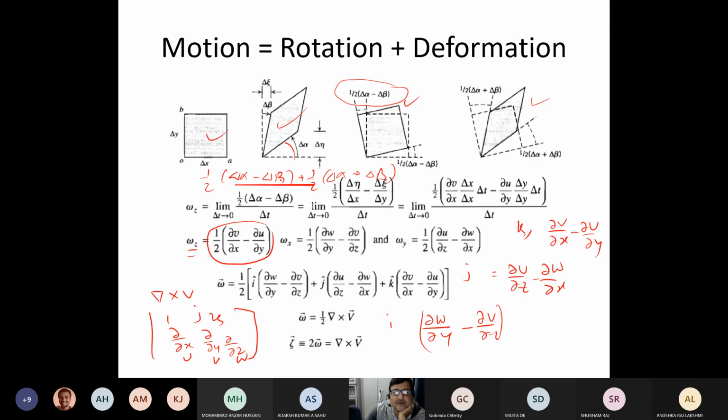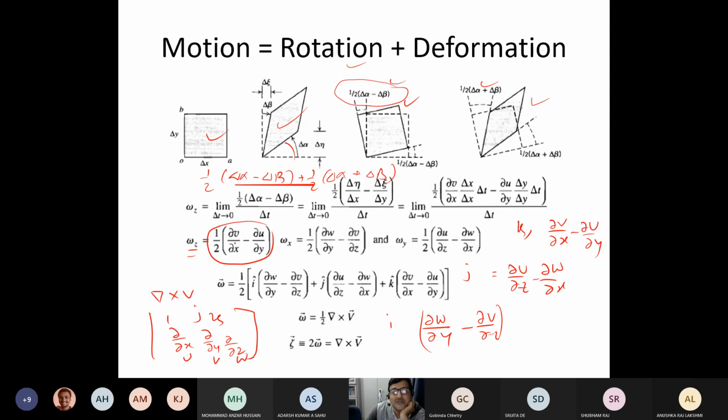If I create combinations like this, plus and minus, then what happens? What is my motion here? This is delta alpha. What is my motion here? Delta beta. It's a combination of these two events. One is the rotation here and the other is the deformation here.